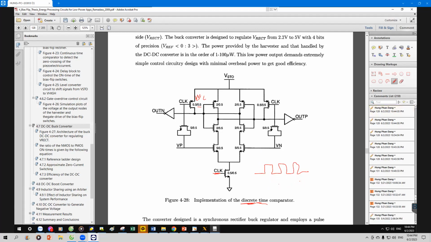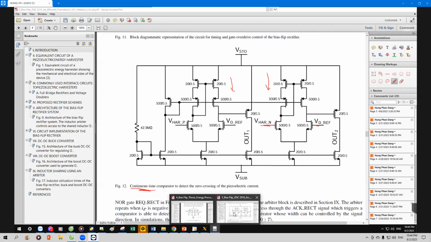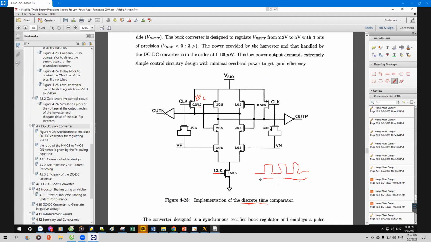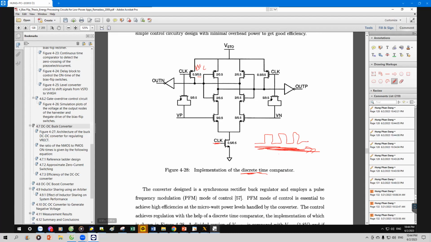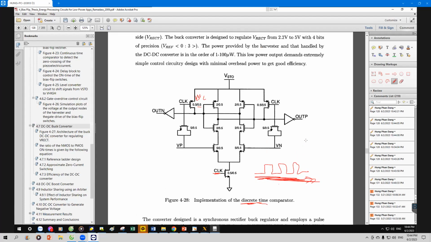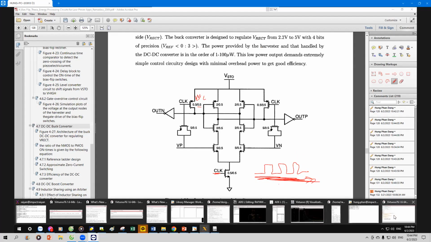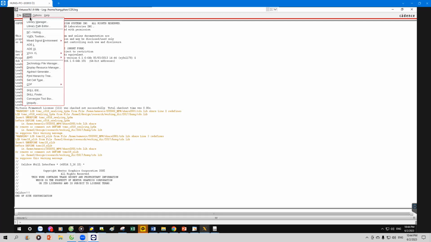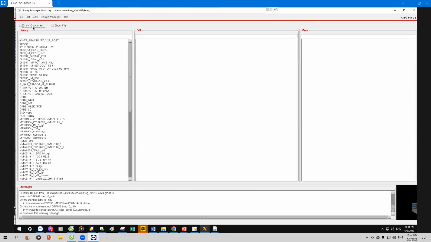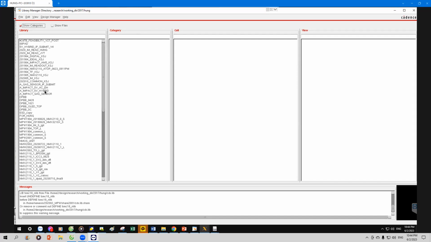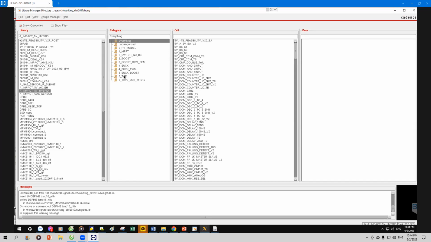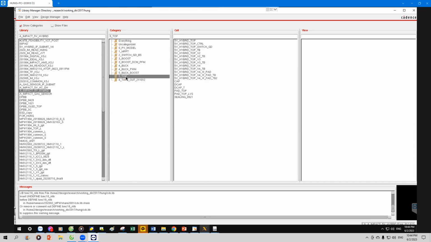And in the case of a continuous comparator, power will be consumed all the time. So it consumes more power. That is the difference in our case. So in my work, I already use a comparator.